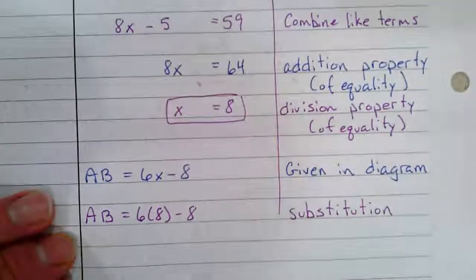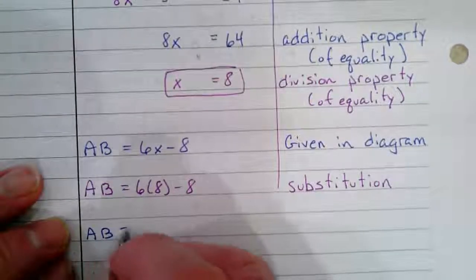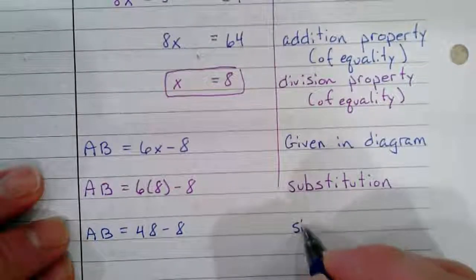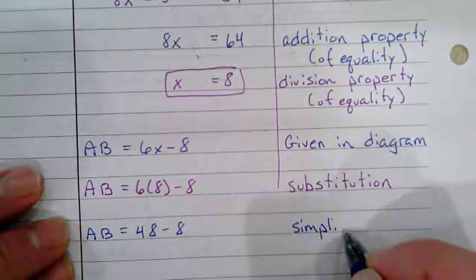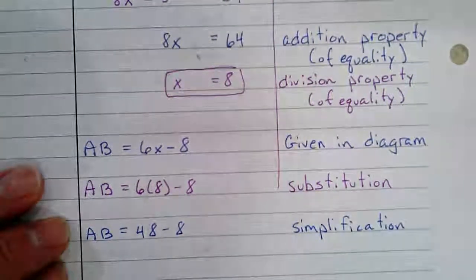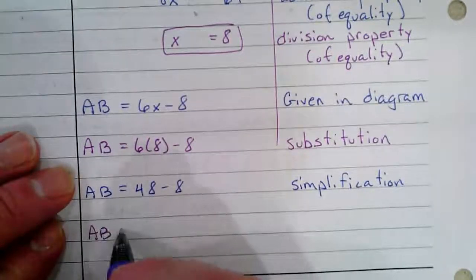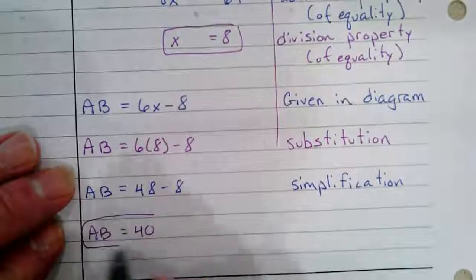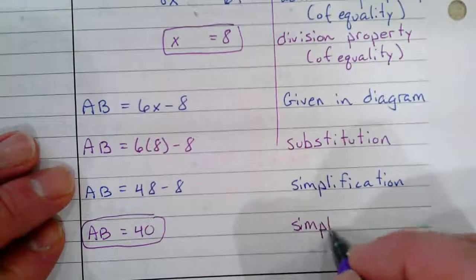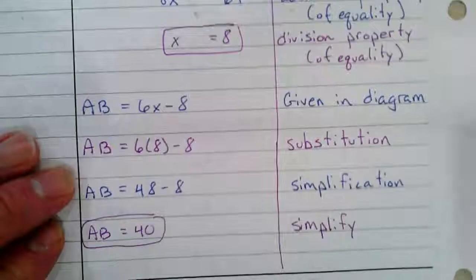Then 6 times 8 is 48, minus 8, and that was simplification. And 48 minus 8 is 40. That was the answer we're trying to find. That was, again, simplified.